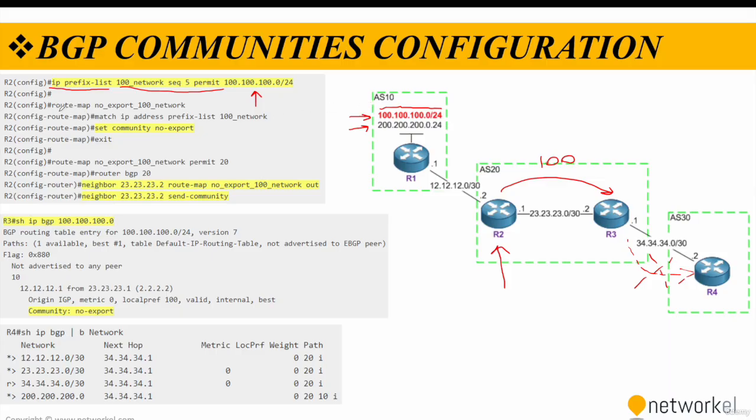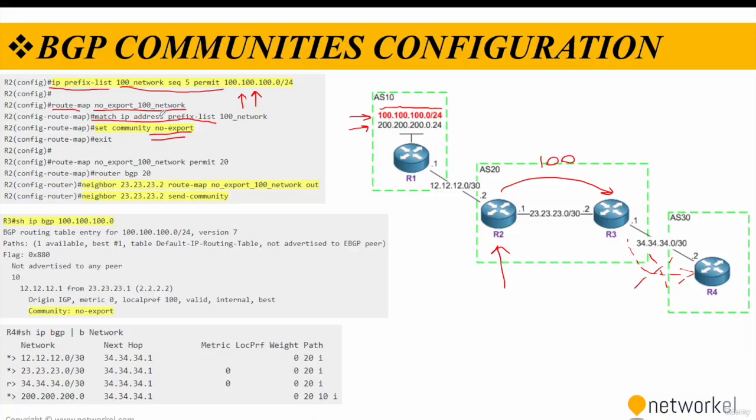Then I'm defining one route map, and this is the name of the route map, which is matching the prefix list that I defined here, and I am setting a no export community for this prefix. So when a route is tagged with the no export community, it signals to other BGP routers that the route should not be advertised beyond the local autonomous system or within certain specified boundaries.